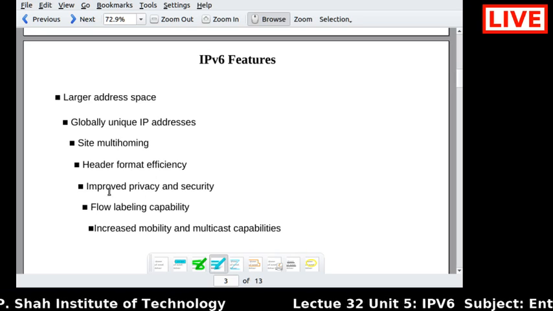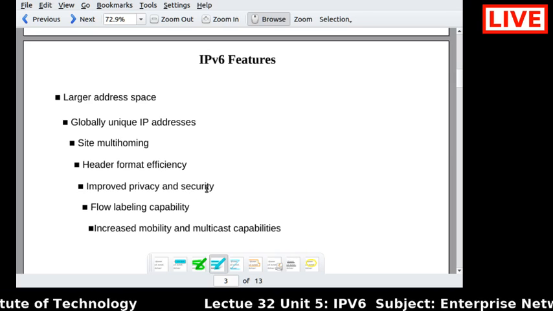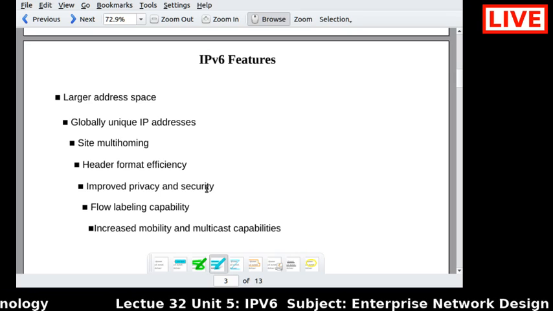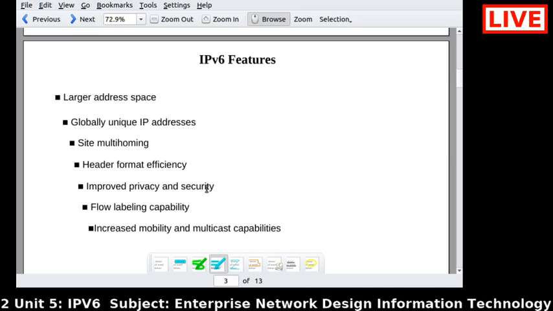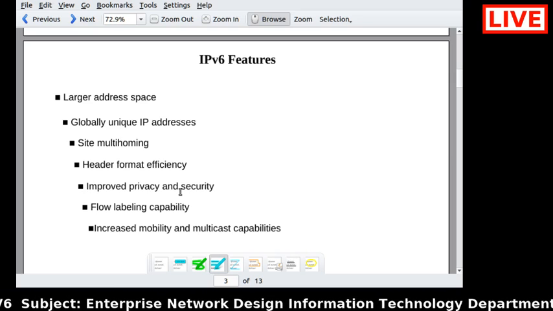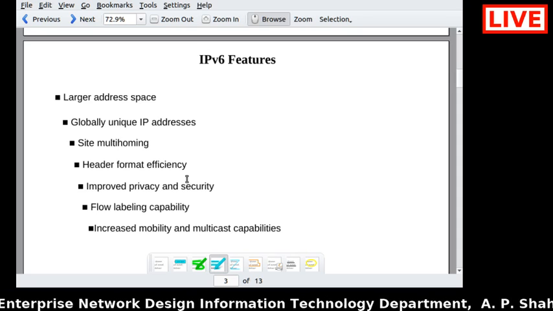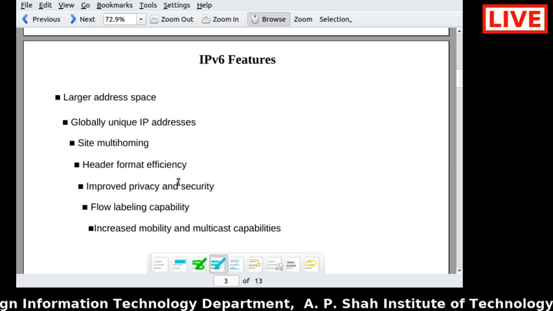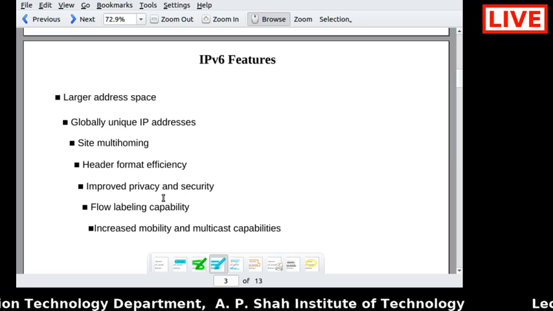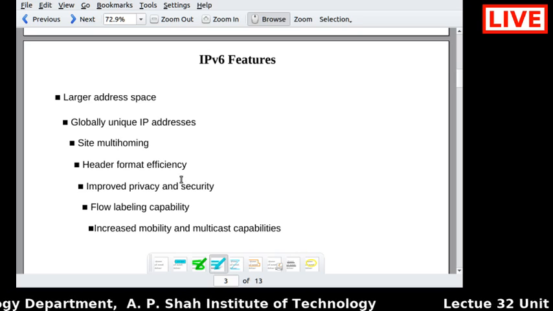Then improved privacy and security. Obviously you already know the concepts of IPsec and all those things, right? IPsec is also available with IPv4, and that is also available with IPv6, so the function is similar in both IPv4 and IPv6.